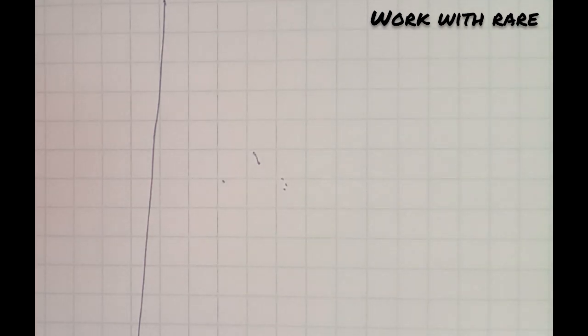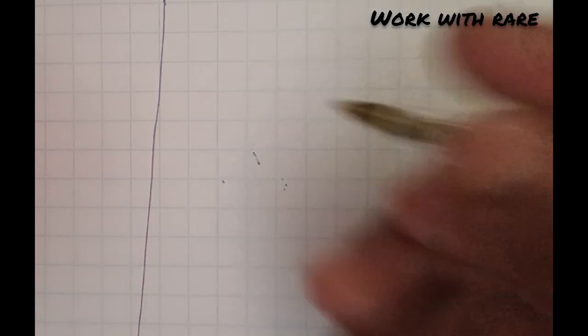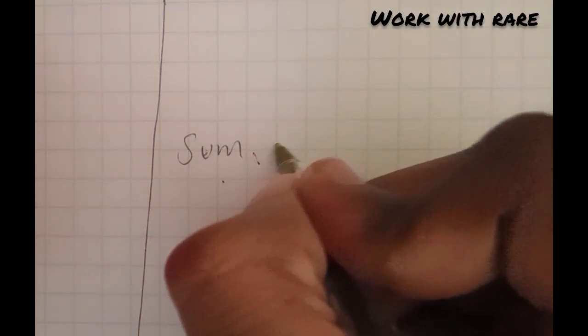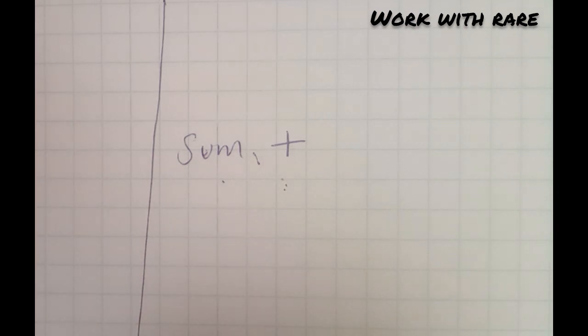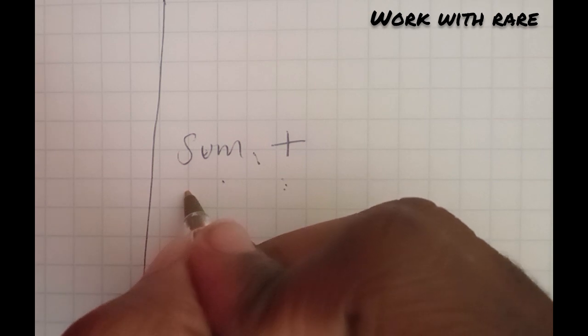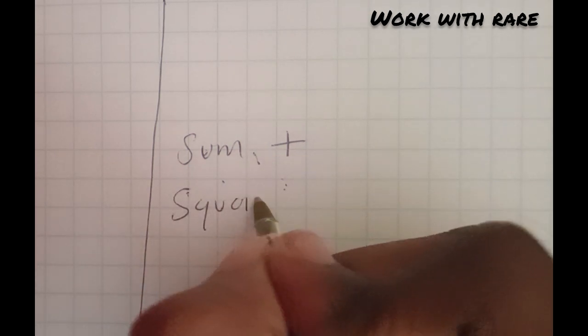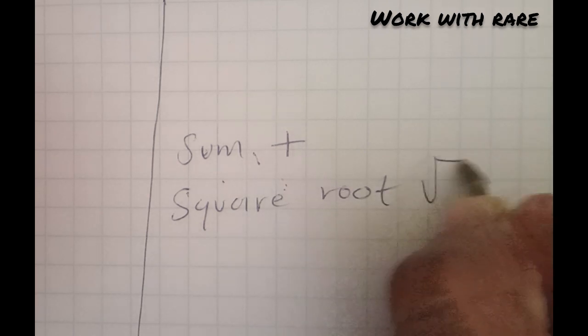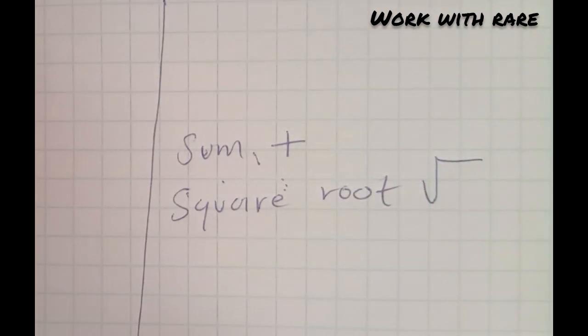8.2 says the sum of 3 times p and the square root of p. When they say the sum, they mean plus, addition. And the square root is this one. 3 times means 3 times.